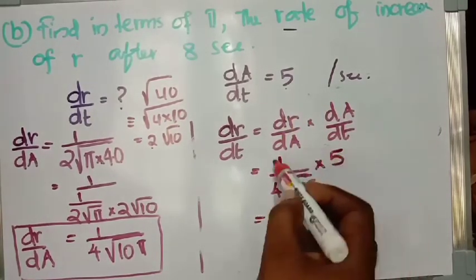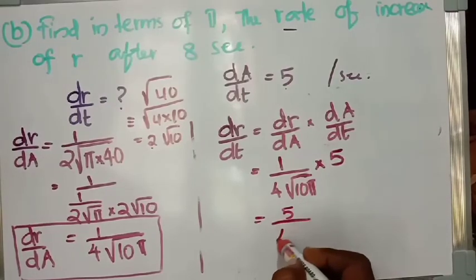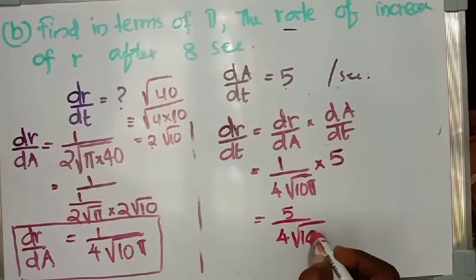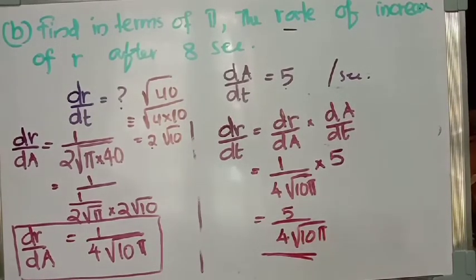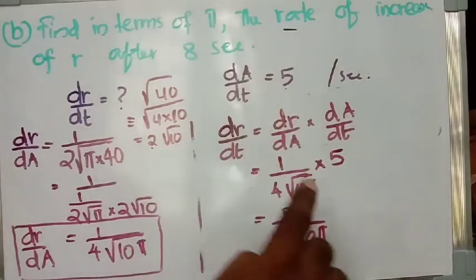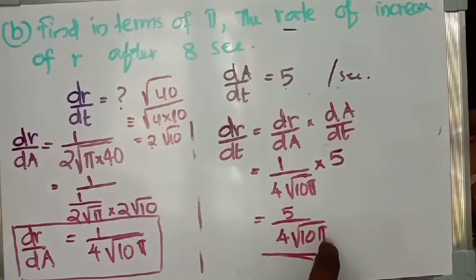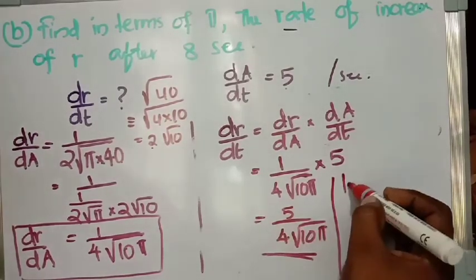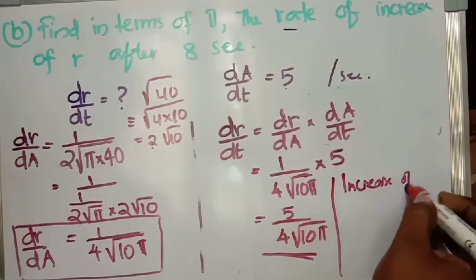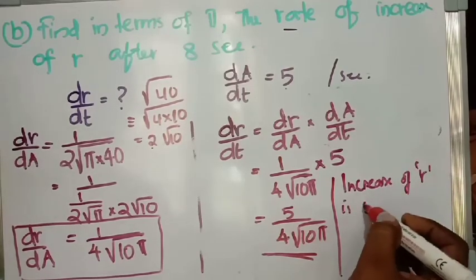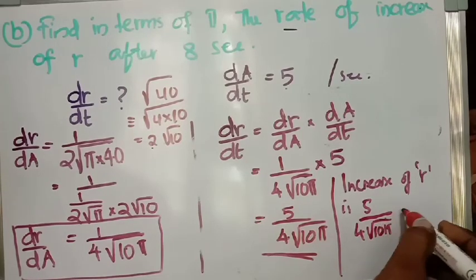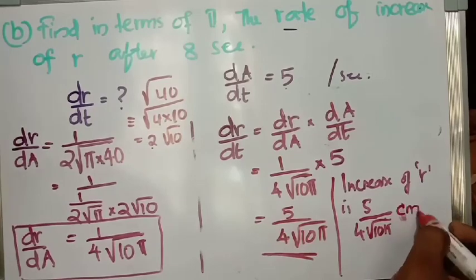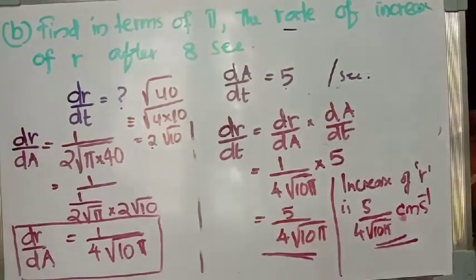So we get the answer as 5 by 4 root 10 pi. So increase of radius is 5 by 4 root 10 pi centimeter per second as answer. Okay.